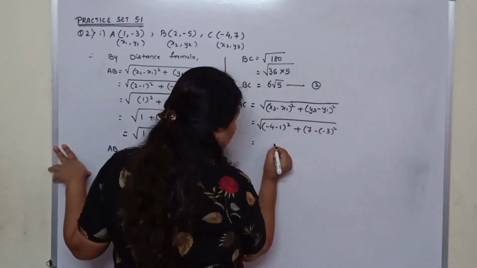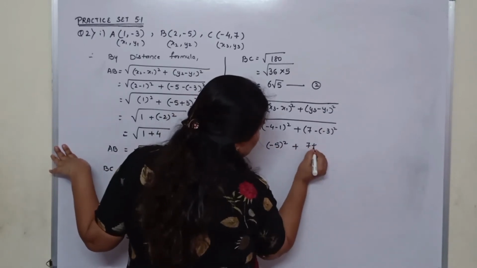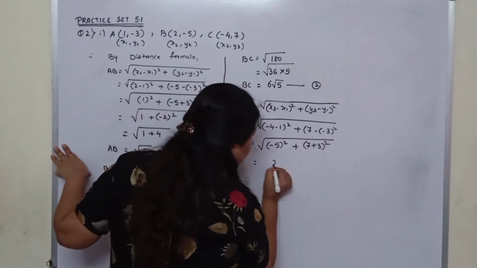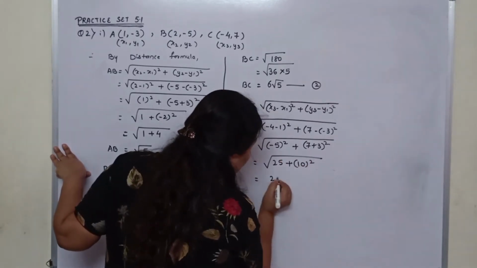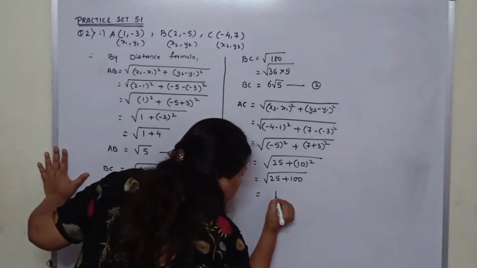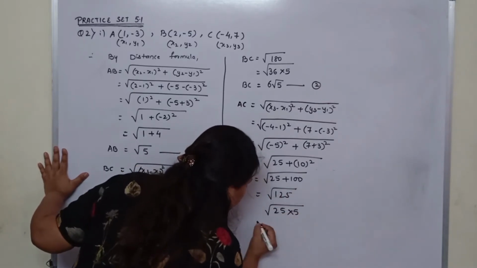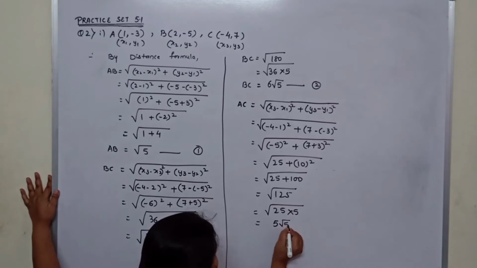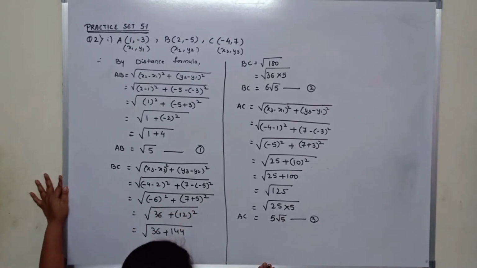So -4 minus 1 is -5, and here 7 plus 3, the whole square. 5 5s are 25 plus 10 the whole square. So 25 plus 100 is equal to 125, which is 25 5s. So we can take 25 out of the root. It will become 5 root 5. AC equals 5 root 5. That is your equation 3.